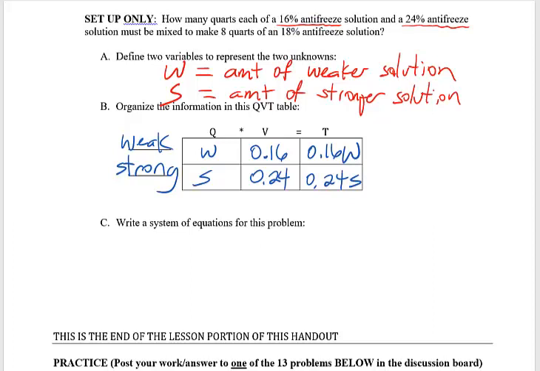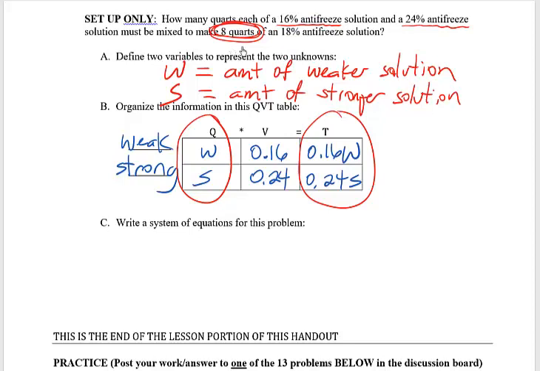And then it's time to start writing equations. I'm expecting to get a quantity equation, and I'm expecting to get a total value equation. The quantity refers to the total amount of liquid. So I'm looking in this problem for something that has to do with the total liquid, and I think the only thing mentioned is right here. In my final big container, when I mix these two things together, I'm supposed to end up with 8 quarts in all.